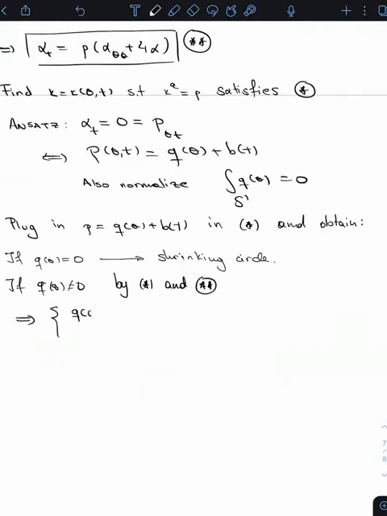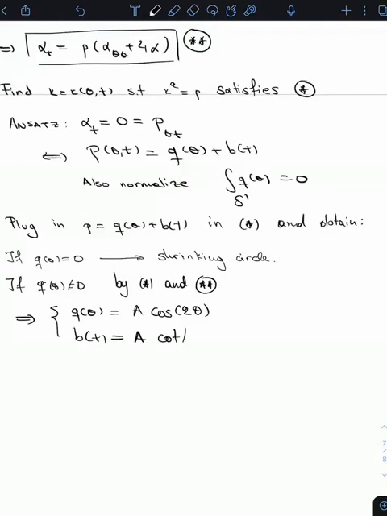We get that q theta is given by alpha cosine 2 theta and bt is equal to A times hyperbolic cotangent of -2At. Sorry, not alpha, I mean A. And this is for t less than 0, and A, capital A, some positive constant.